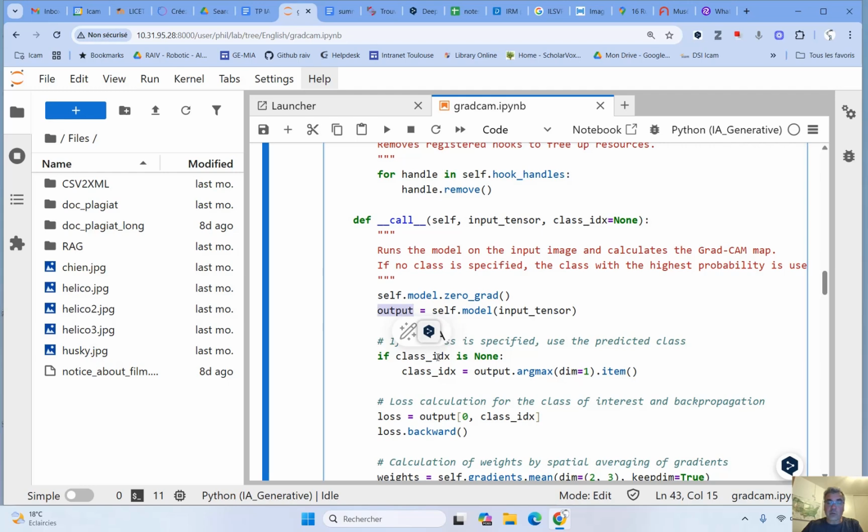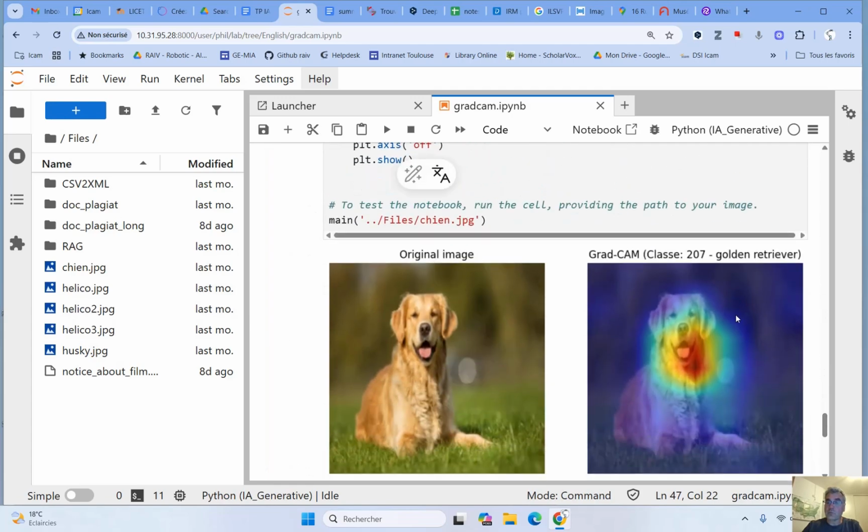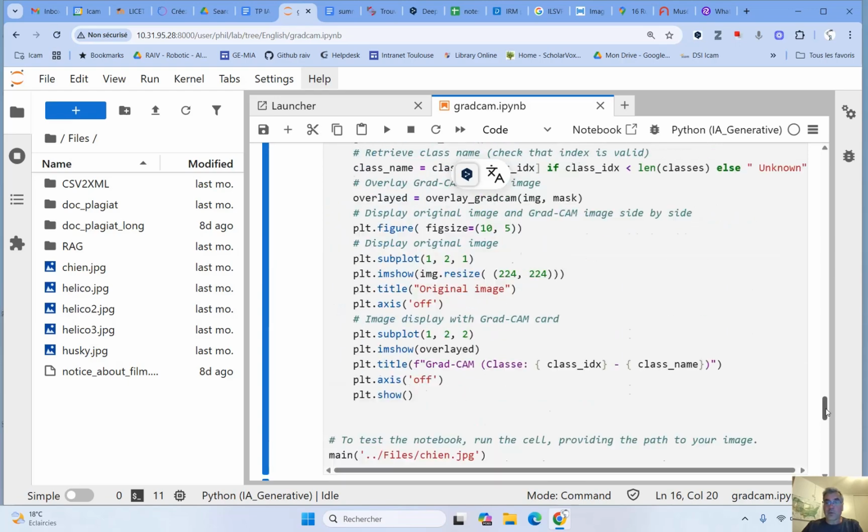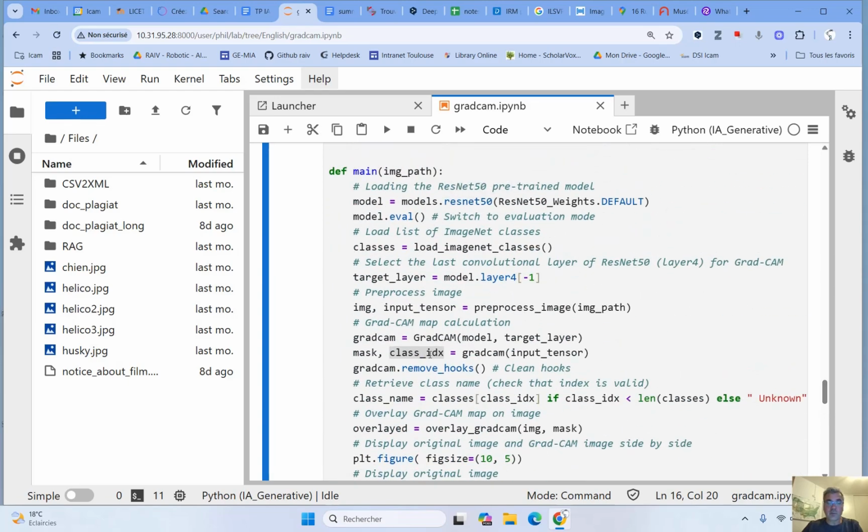So we get the class number which has the highest probability, and this class number is number 207, which is the index of a golden retriever. So we first get here the number of the golden retriever.